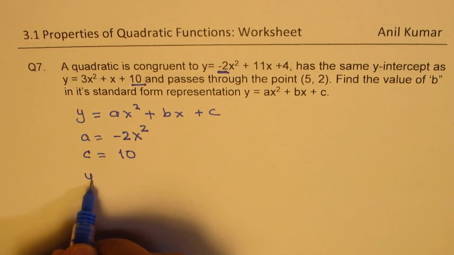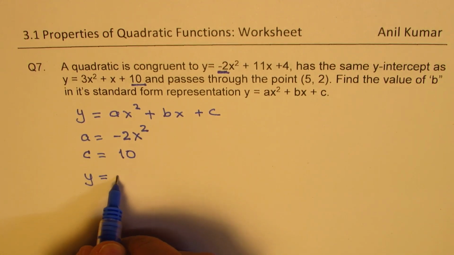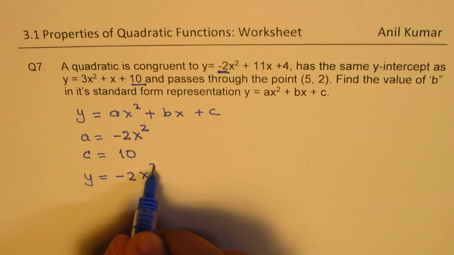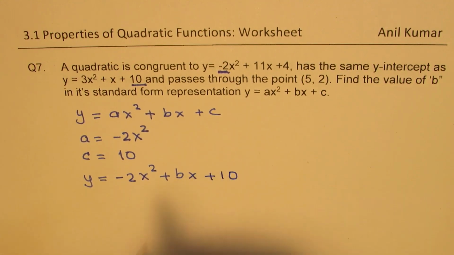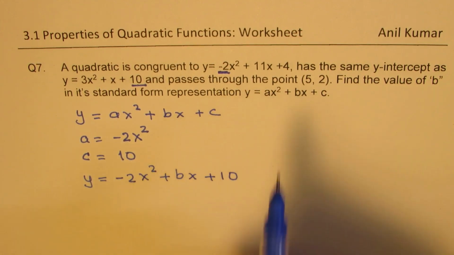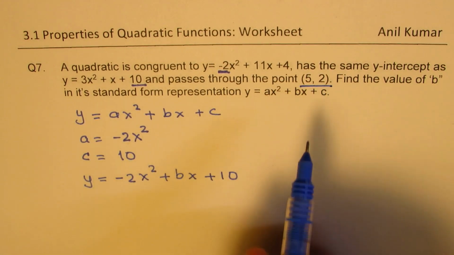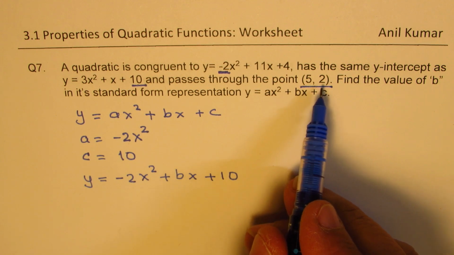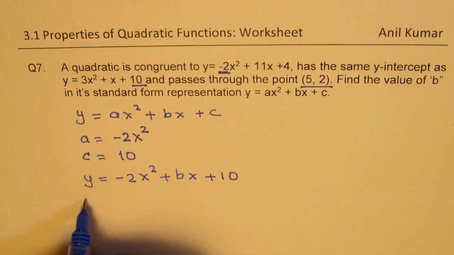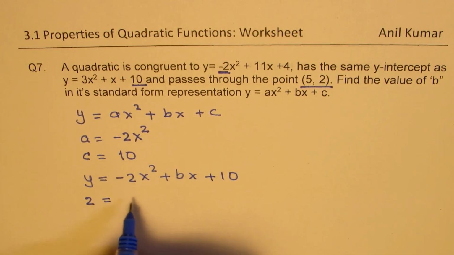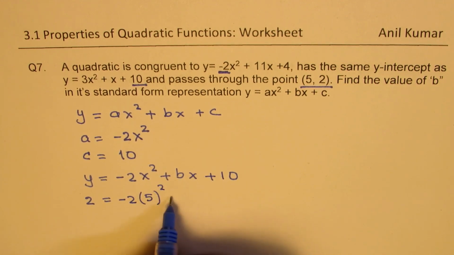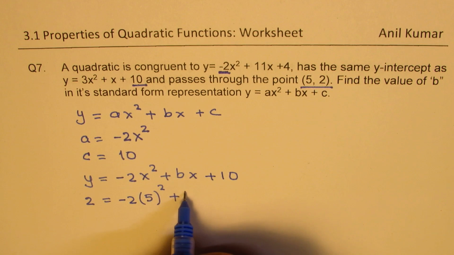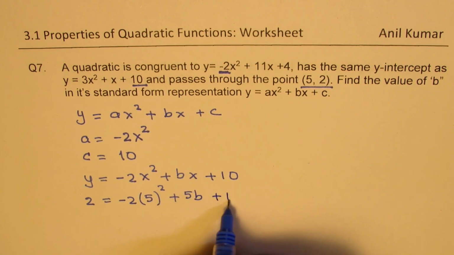So we get the equation y equals minus 2x squared plus bx plus 10. Now we are given that it passes through the point (5, 2). So 5 is the x value and 2 is the y value. So we can write 2 for y and 5 for x. So we get 2 equals minus 2 times 5 squared plus 5b plus 10.